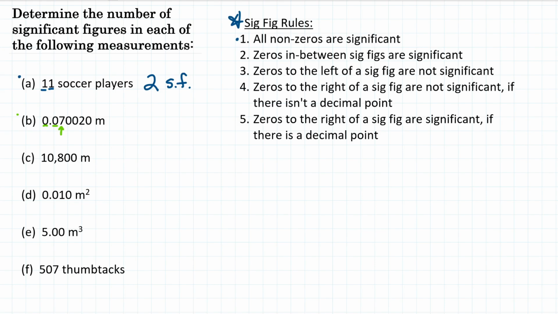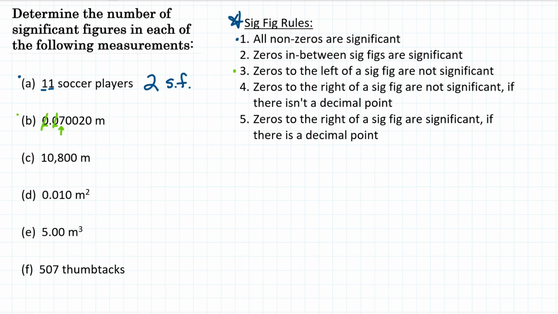Does that mean they are significant or not? Well, looking at our sig fig rules, zeros to the left of a sig fig are not significant. So whenever you have zeros to the left of your sig fig, they are not significant. So not significant, not significant.